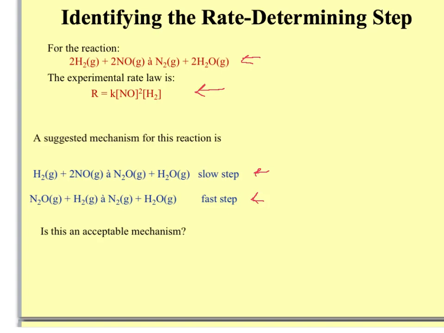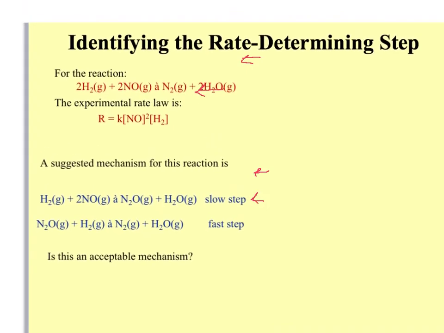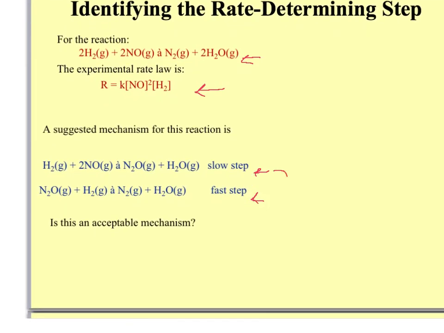The first requirement is that the sum of these two elementary steps must be equal to the balanced equation given here. And requirement number 2 is that the rate law should match or agree with the experimental rate law.